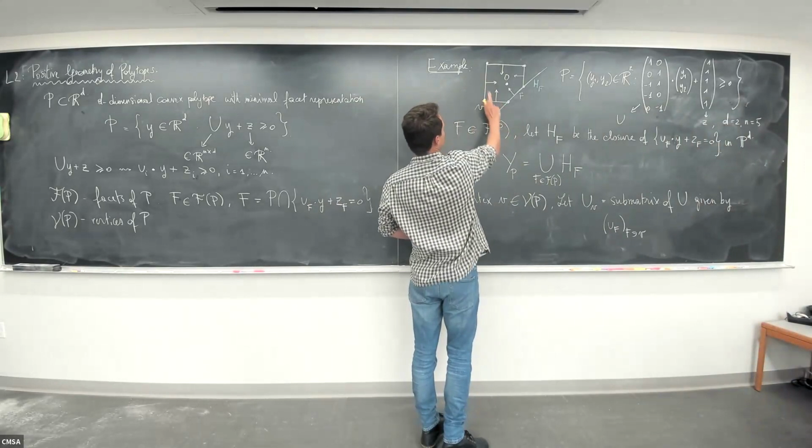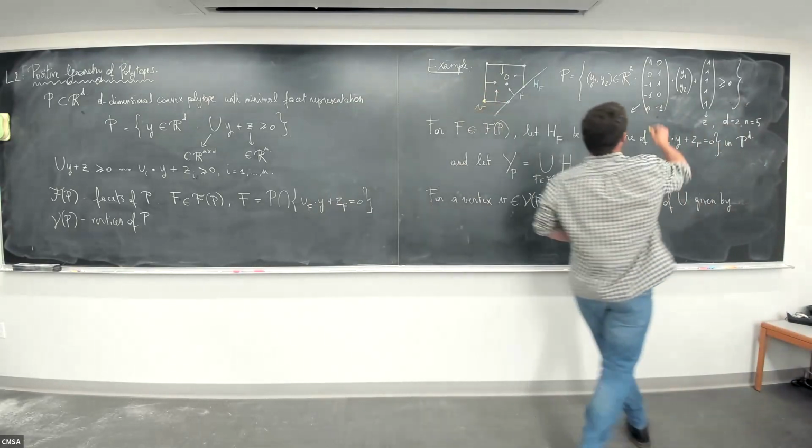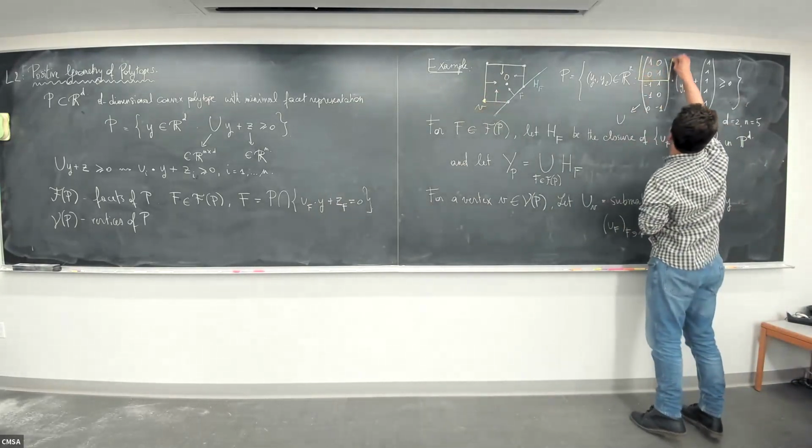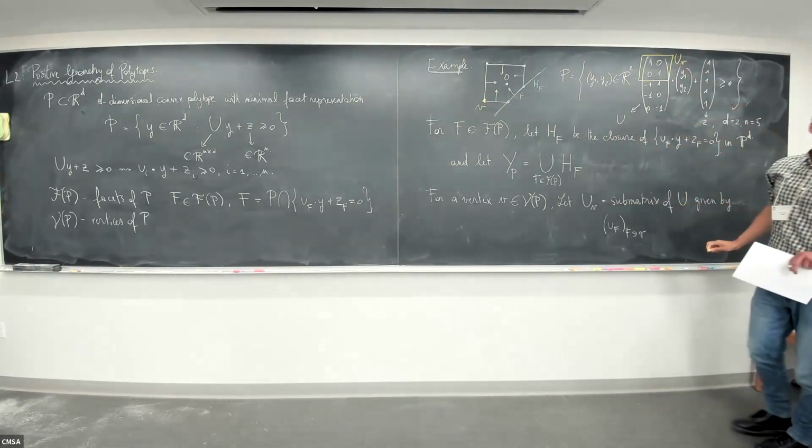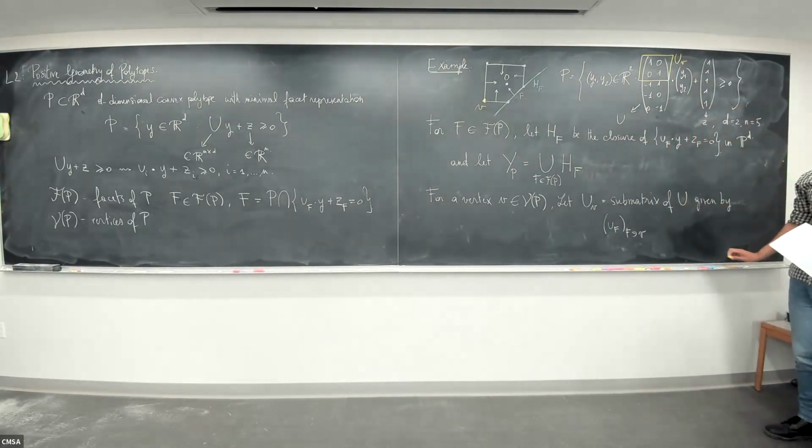This is the first row of U, second row of U. So the submatrix of U is this 2 by 2 submatrix, U sub V.